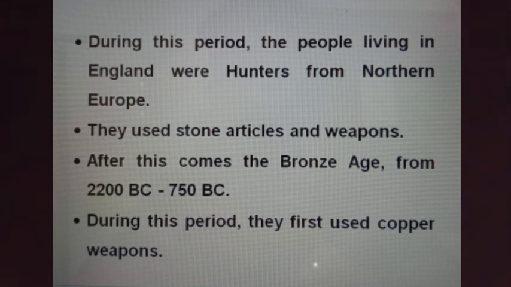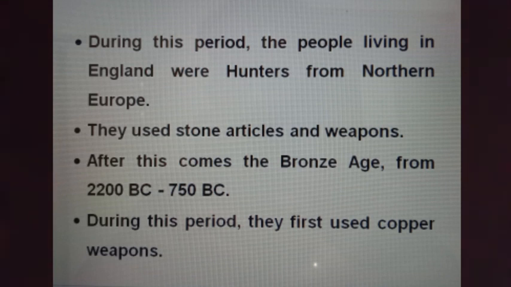After the Stone Age came the Bronze Age, from 2200 BC till 750 BC. During this period, they first used copper weapons.